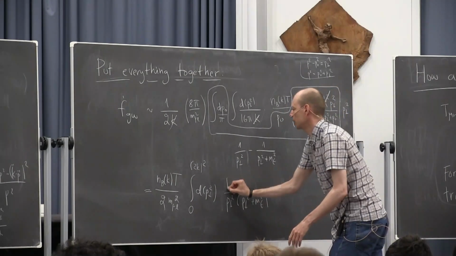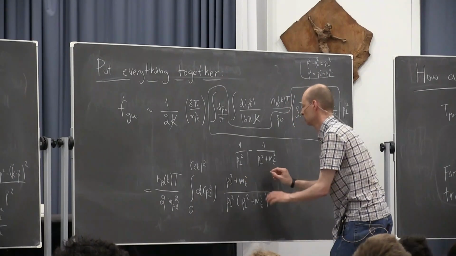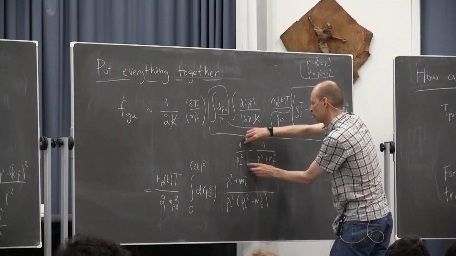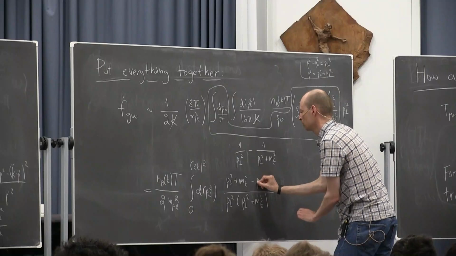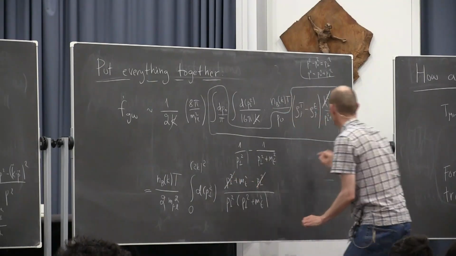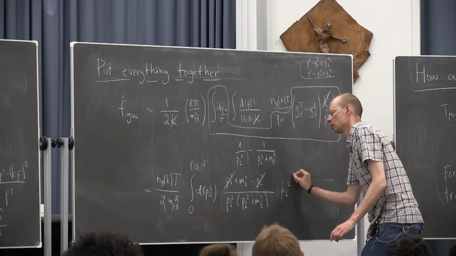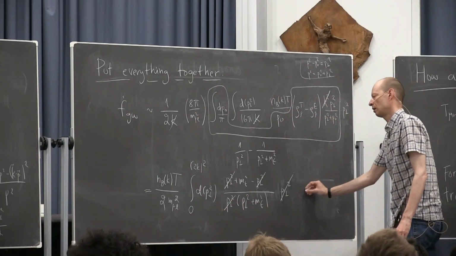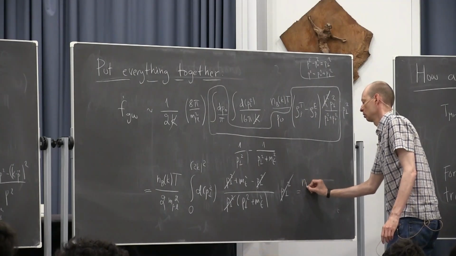If I put them together, I get p perp squared plus mE squared. If I put it there, I get this one, and then I subtract there, I get minus p perp squared. These cancel, and then there is this p perp squared here. It cancels again this one, and indeed I get a very simple integral.